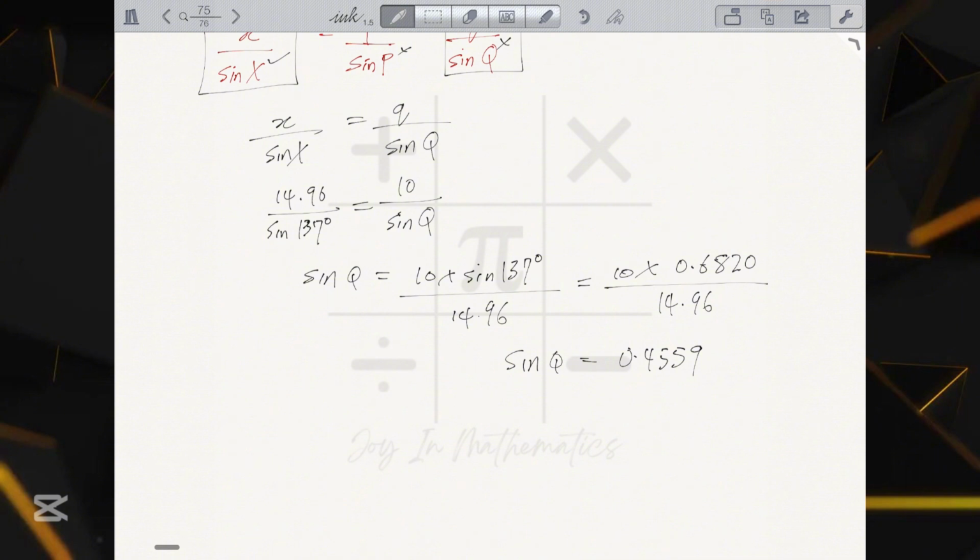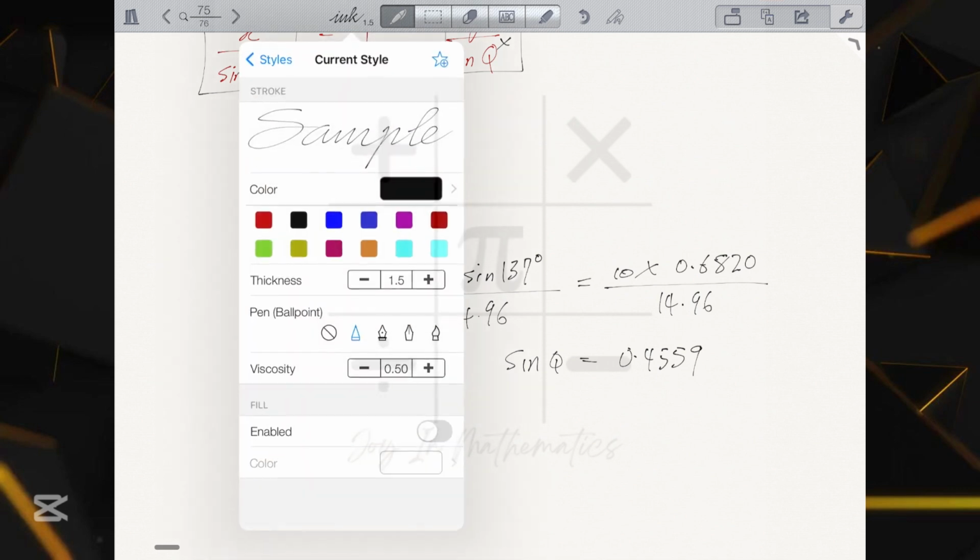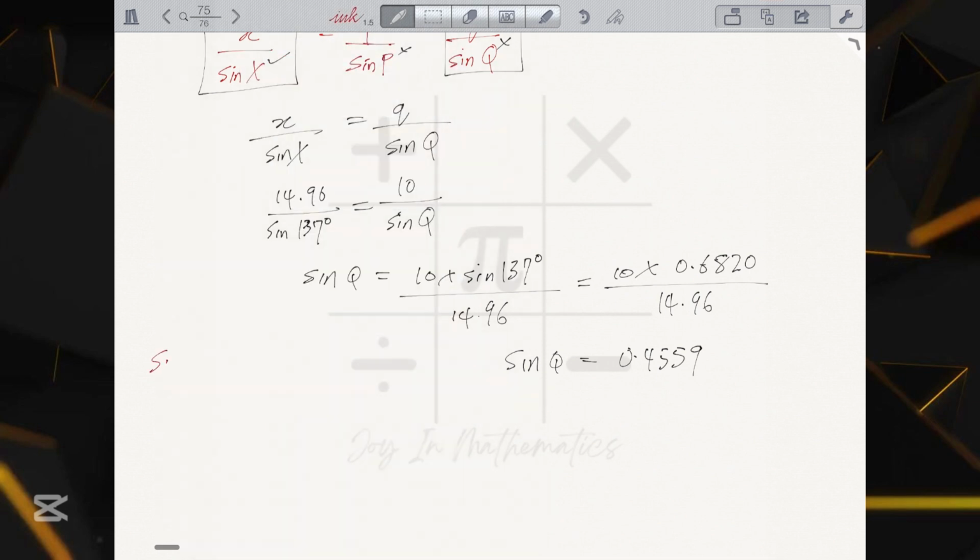So we can easily evaluate Q using the inverse trigonometric function. We recall that where sine x is equal to a, x will be arc sine of a. Applying this here, we have Q to be arc sine of 0.4559. Therefore, this will be equal to 27.12 degrees.